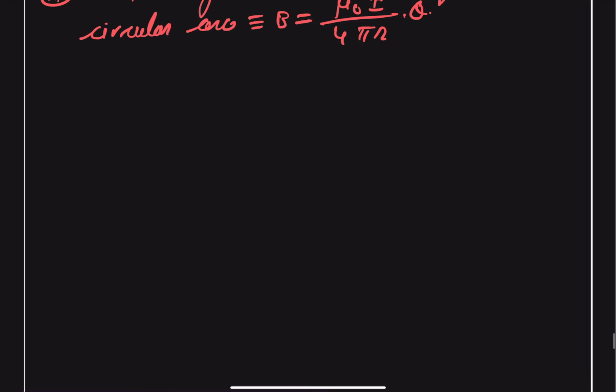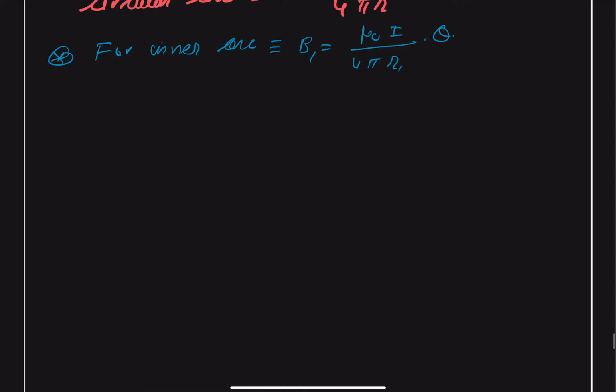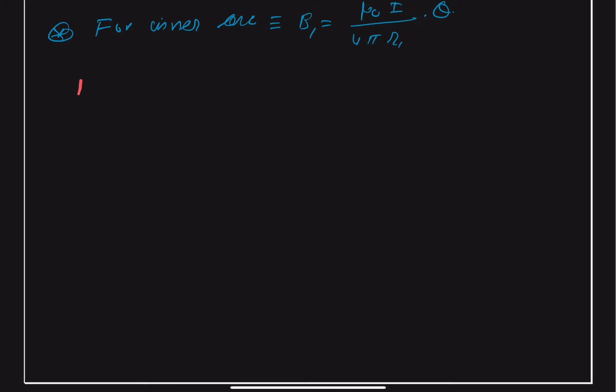Okay. So let us consider first of all the inner arc. For inner arc, we can write our B1 will be equal to mu naught I upon 4 pi r1 multiplied by theta. So we substitute the values and we get this as B1 will be equal to 4 pi into 10 to the power minus 7.